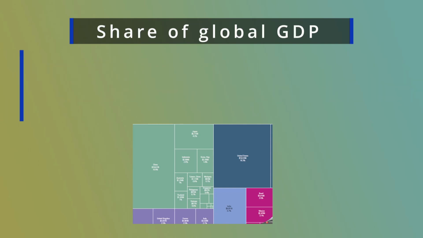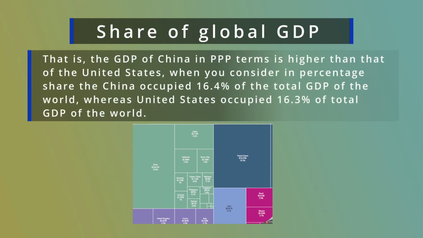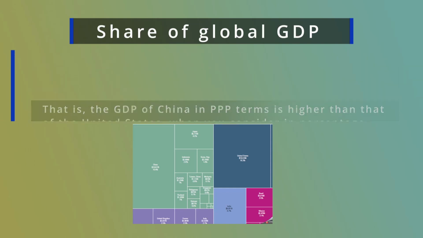That is, the GDP of China in PPP terms is higher than that of the United States. In percentage share, China occupied 16.4% of the total GDP of the world, whereas United States occupied 16.3% of the total GDP of the world.